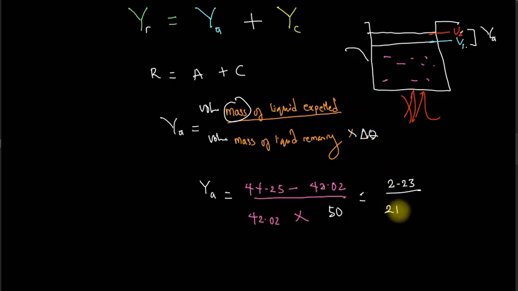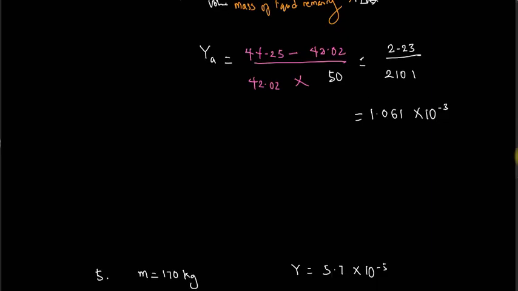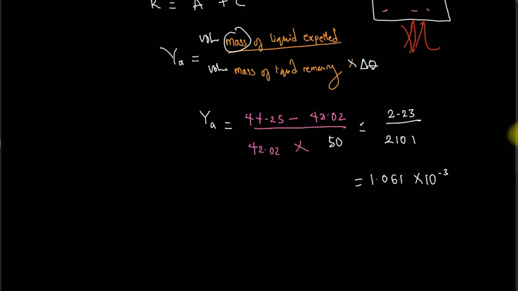That is 2101. Just divide 2.23 by 2101, that's 1.061 times 10 raised to the power minus 3. Okay, so now we have the apparent cubic expansivity. Let me make some space.